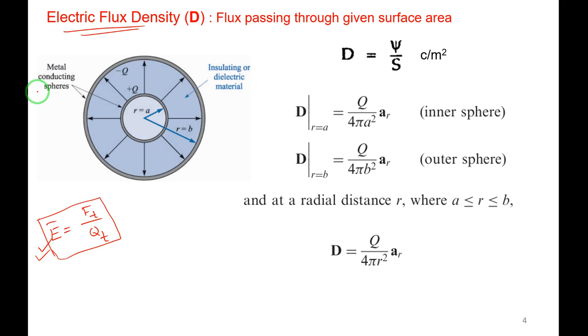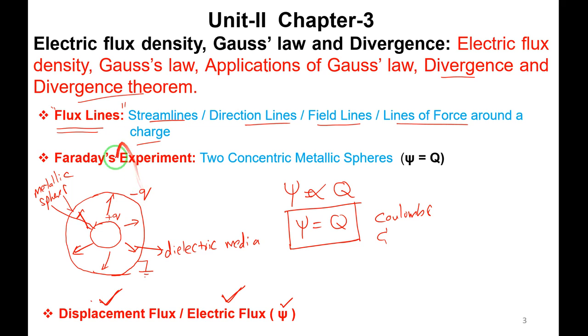Then we will differentiate this from electric flux density, for which we use the letter D vector. We define electric flux density as the flux passing through the given surface area, meaning the flux psi passing through the given surface area. In the previous example, the surface area is the outer sphere.